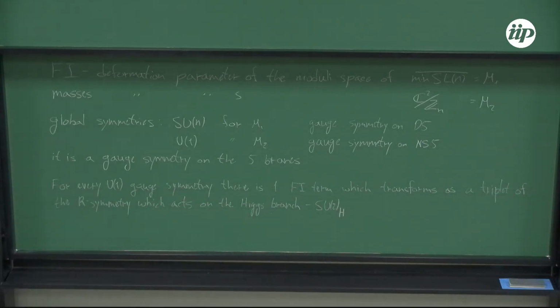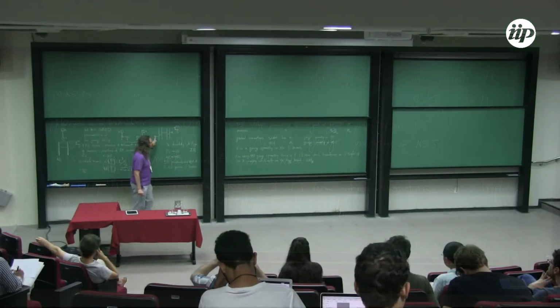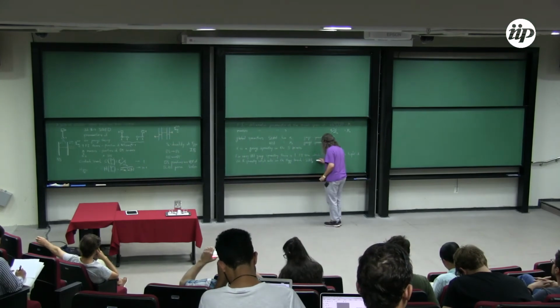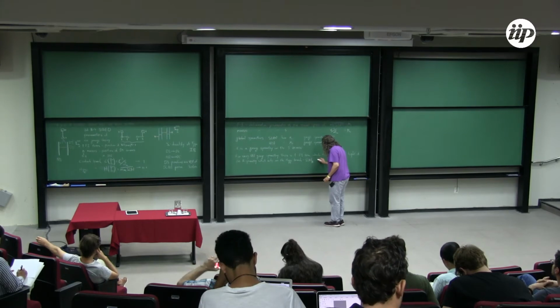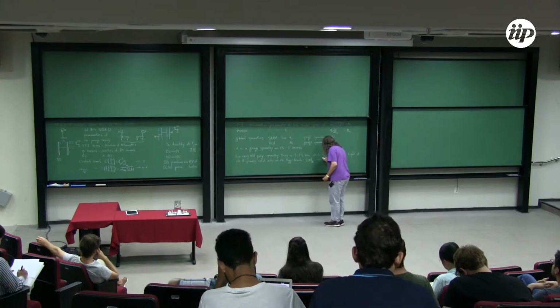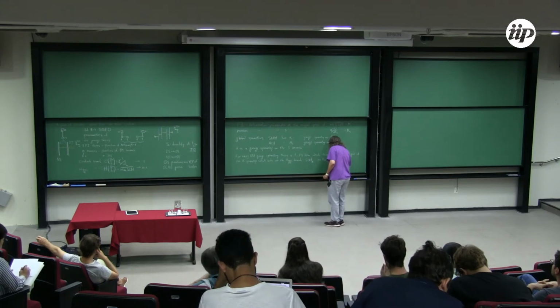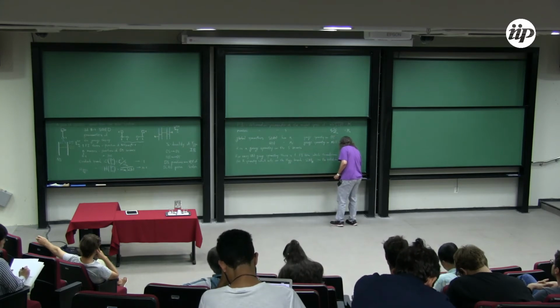And actually, we can go back to the brane picture and look at this case. So the Fayet-Iliopoulos term, the position of the NS5 brane, is a 3 vector in 789. And so we identify the SU(2)H as the rotation group in 789.